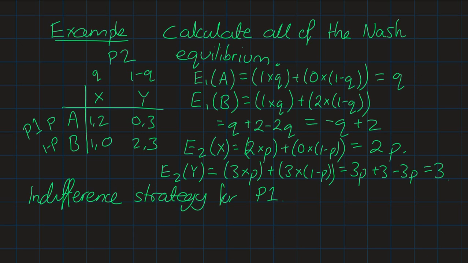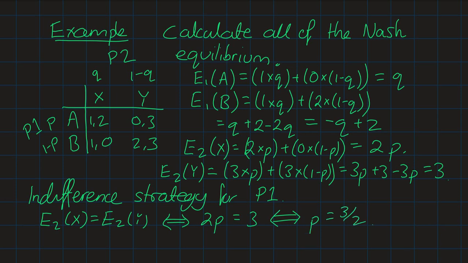This is exactly when E2 of X is equal to E2 of Y. I just worked out what these things are. That's 2P is equal to 3. So this means that P is equal to 3 over 2.